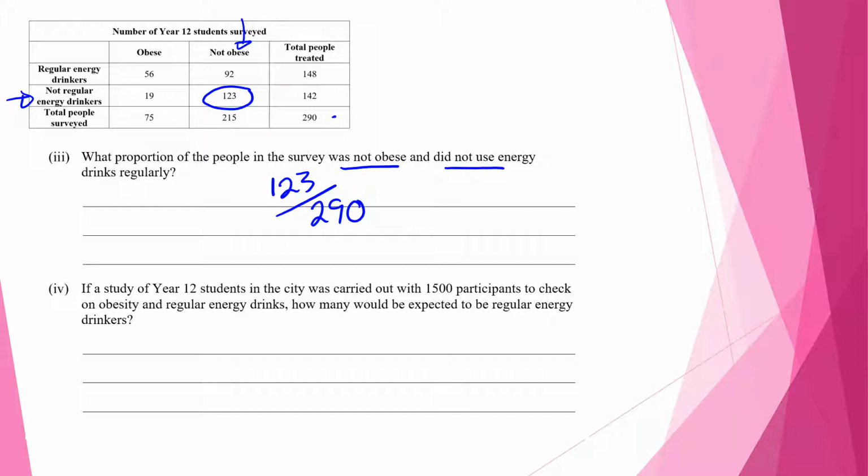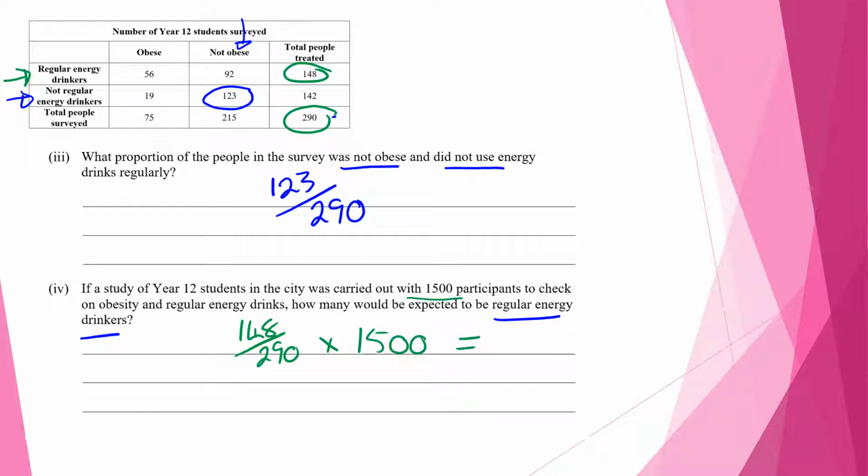And part 4, now you can leave it as a fraction or you can make it a decimal. Part 4: if a study of Year 12 students was carried out with 1,500 participants, how many would we expect to be regular energy drinkers? So regular energy drinkers is this one here. So we would expect 148 out of the 290, and then multiply that by the number of people that we are looking at in total.